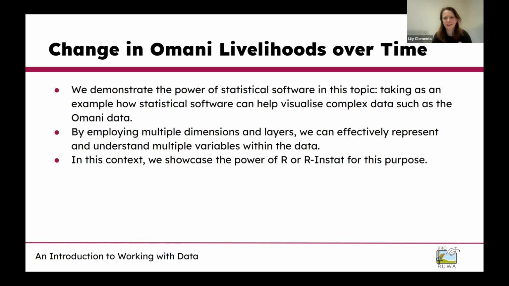There's a great package called ggplot2 that really helps you to visualize so much with your data so powerfully. As always, there are resources at the end of this topic that go through how to visualize and create these sorts of plots with R and RInStat. And if you don't want to use these two software, there are plenty of tools online for the software of your choice.